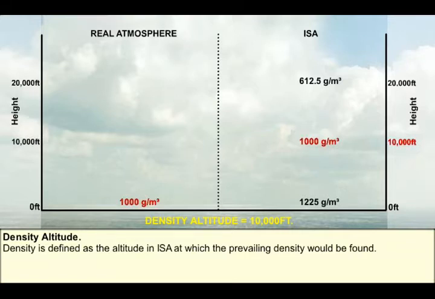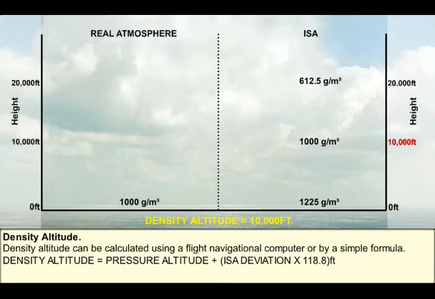The knowledge of density altitude is important in assessing the effect of the changing density on aircraft performance. We will cover this later, but now let us see how we can actually calculate our density altitude. There are two simple ways of calculating the density altitude.